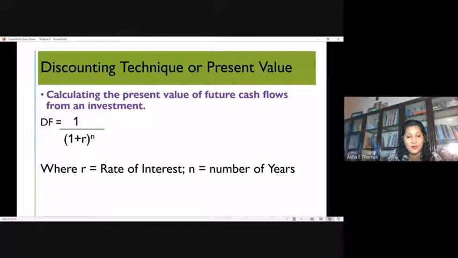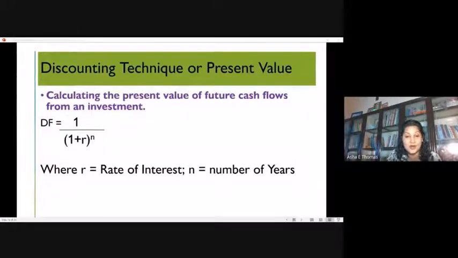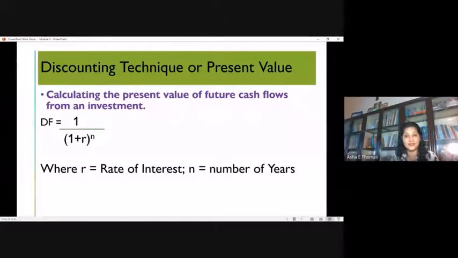When I'm talking about present value, it talks about the value, from a current perspective, of the lump sum which I'm going to get after 10 years. Maybe I know that after 10 years I'm going to get 10 lakh. So what is the value of that 10 lakh in the present time?